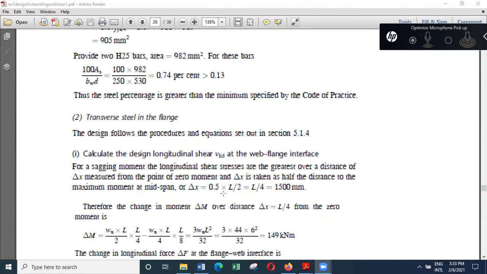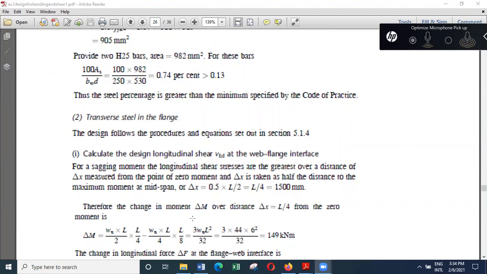So that can be found by using a simple equation: in a simply supported beam, the bending moment at any location is given by WL by 2 times X minus WX squared by 2. So WL by 2 times X, and X is L by 4, minus WX squared by 2.